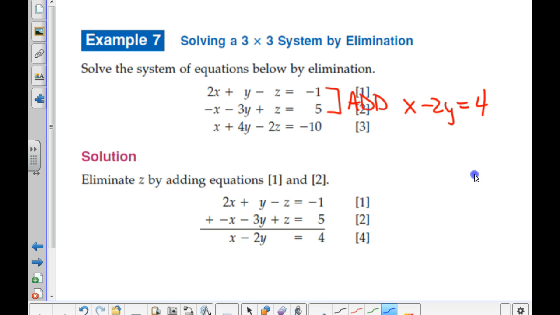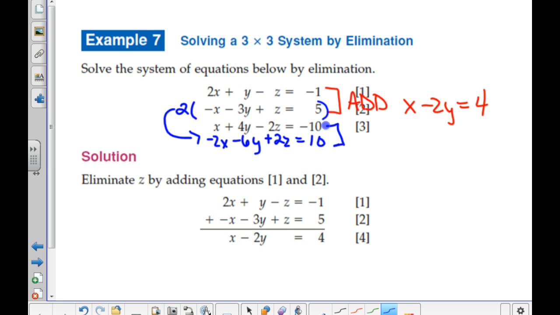Okay. The second part of this is you have to eliminate the same variable from a different set of 2 equations. Now, when I say different set, obviously you're going to have to reuse one of the equations again, okay? For example, if I multiplied this by a 2 and rewrote it underneath here, it would say negative 2x minus 6y plus 2z equals 10.